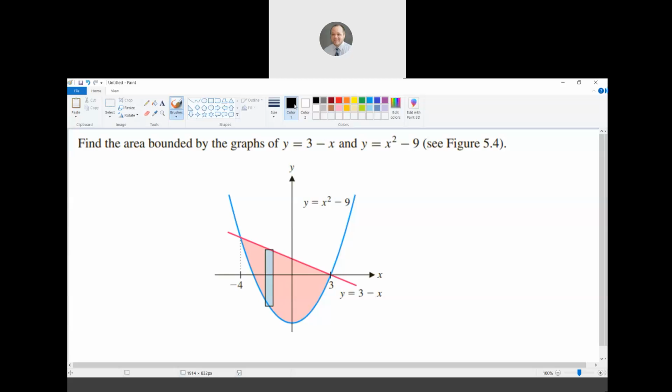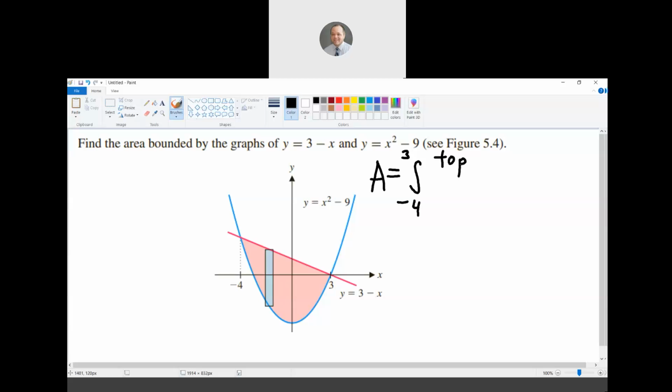So let's set up our formula. We are going from -4 to +3. And because we're given two curves, we've got to find the area between the two curves.